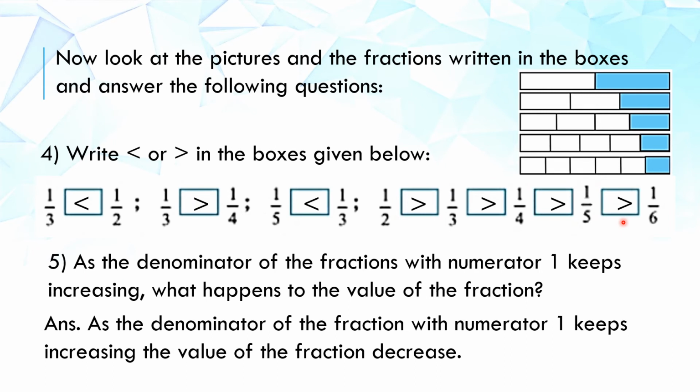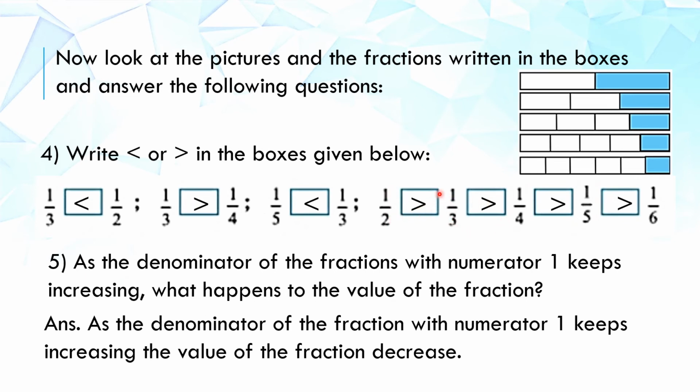So, it means that students, as the denominator with numerator 1 increases, the value becomes less. So 1 upon 2 is greater than 1 upon 3.